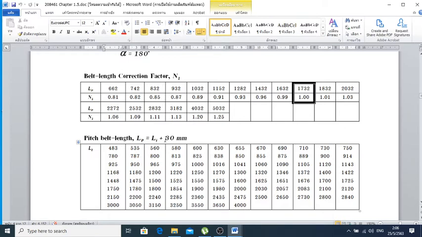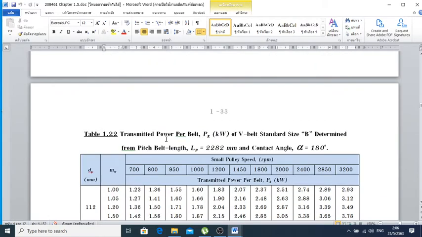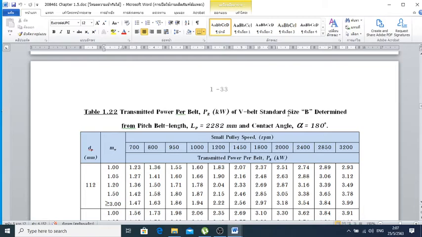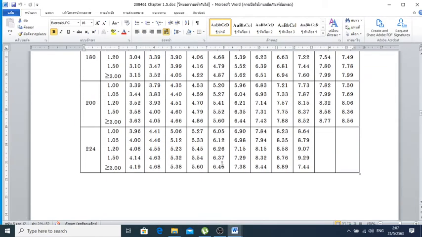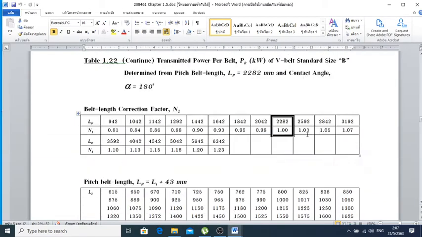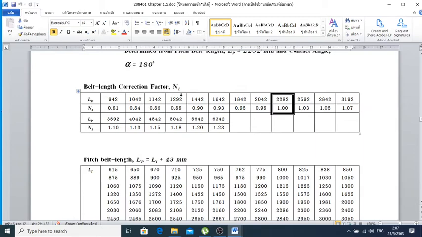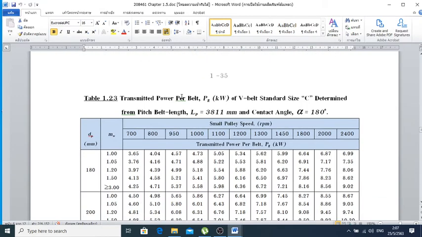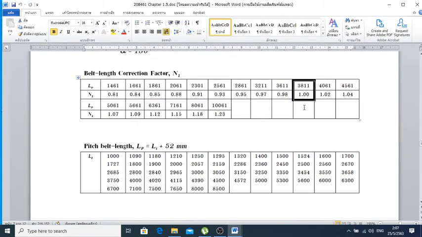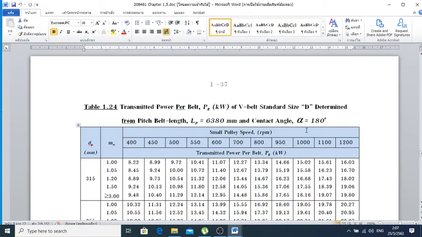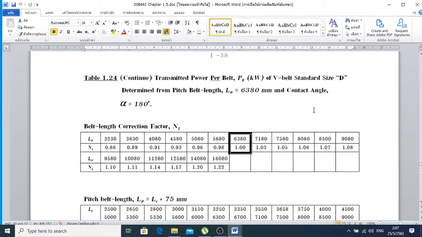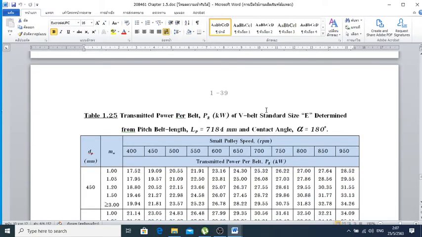So 1.22 is for the Y, the B size. For the B size, there are N1 and L sub P respectively, and then for the C size, the C belt. Table 1.24 is for the B belt, and for the E belt it's 1.25 respectively.